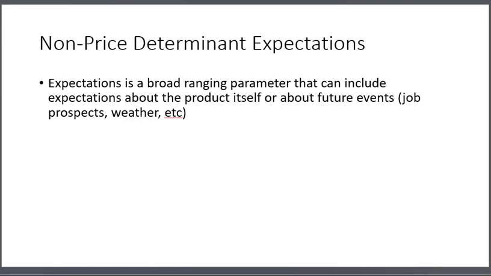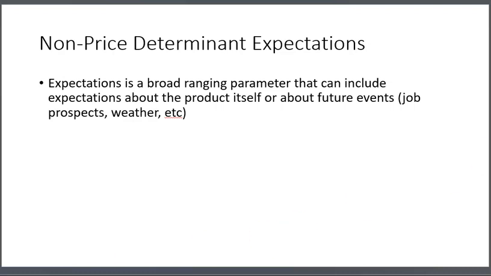If you think that your job is pretty secure and you're going to get a raise in the near future, you may decide it's the time to buy a new house. So you enter the market, shifting the demand curve to the right. On the other hand, if you decide to hold off, then you don't enter that market at all.